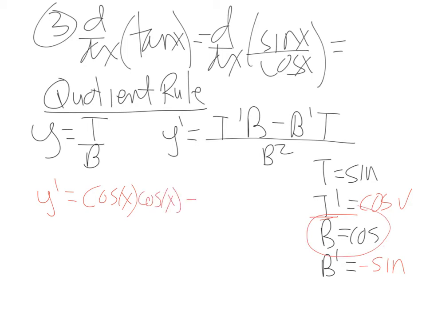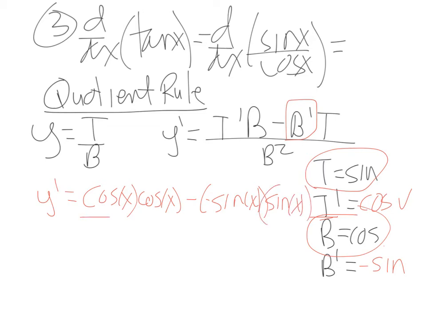Minus, and then it's bottom prime, right? The bottom prime is negative sine x. And then I multiply that by the top, which is sine x. Okay, and that's all divided by the bottom squared. Well, the bottom is just cos, divided by cos.